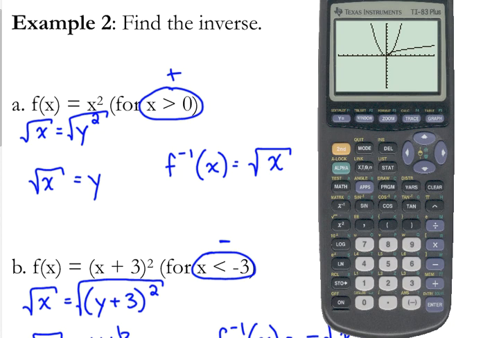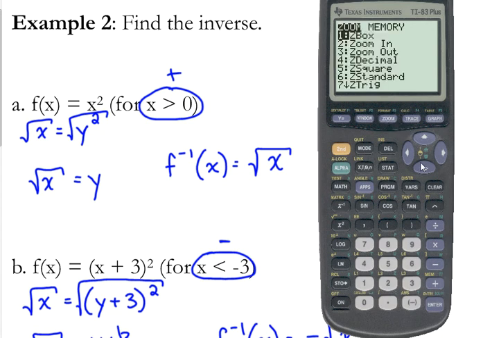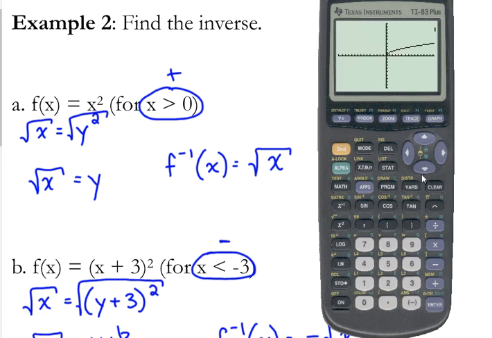It's just kind of turned over on its side. One more property of inverse functions is that there's some symmetry here. I'm also going to graph the line y equals x, and I'm going to square my window. That makes it as wide as it is long.